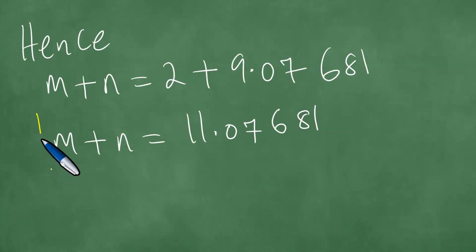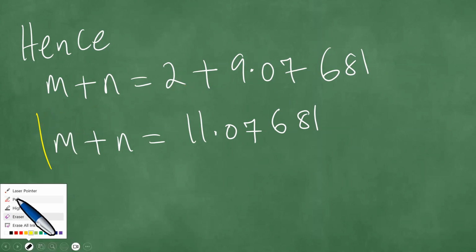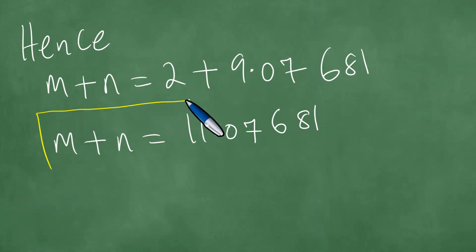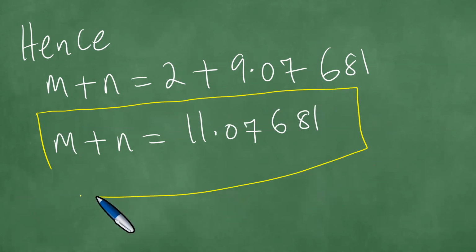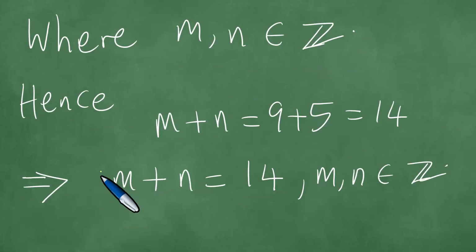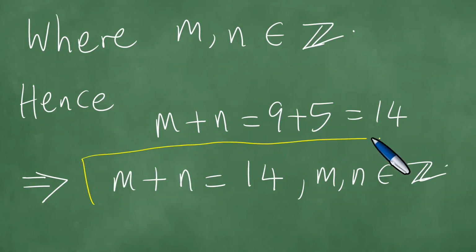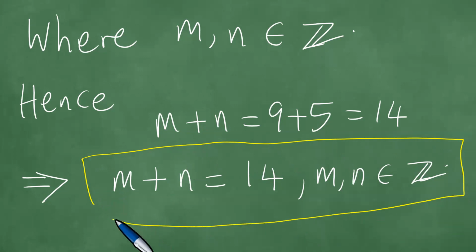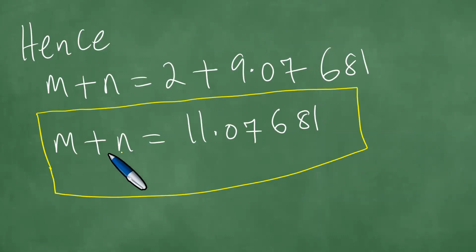So we have been able to achieve the sum here. For the integer values, m plus n is 14, but we also have that m plus n is 11.07681.